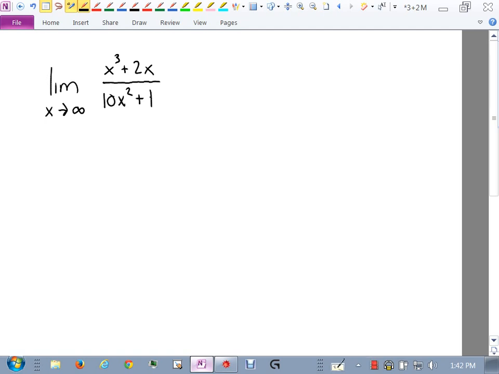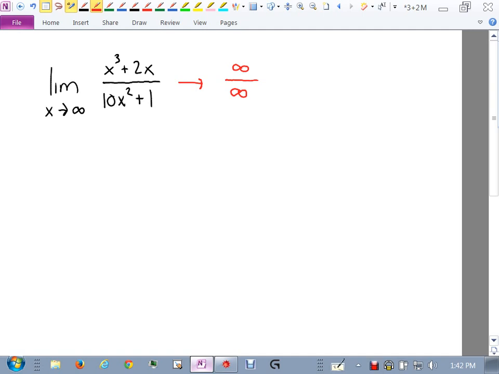What do we have here? Where's it headed? Infinity on top, right? Over infinity on the bottom also. So we need to do something.